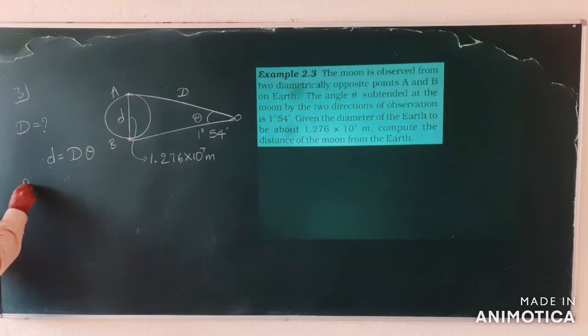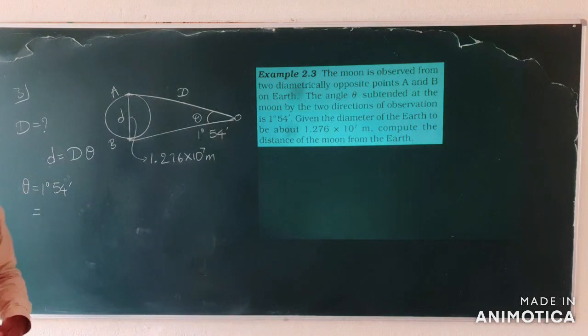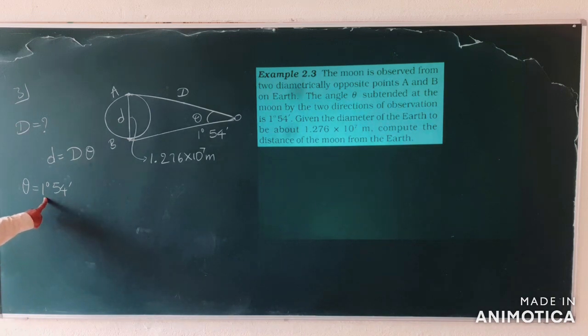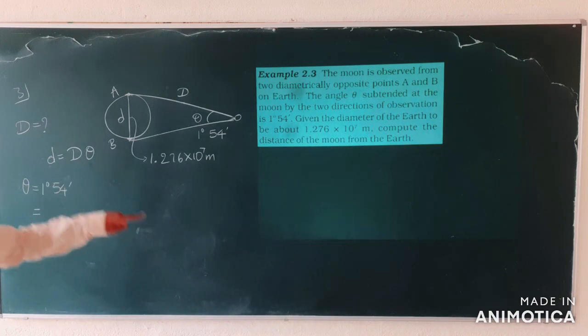So theta is 1 degree 54 arc minutes, which has to be expressed in terms of radians. Then only we should solve this after putting the value into the expression small d is equal to capital D theta. So 1 degree 54 minutes should be converted into radians.